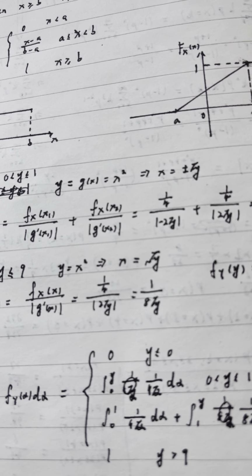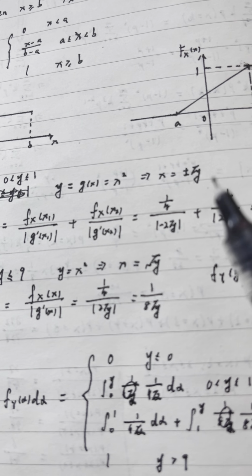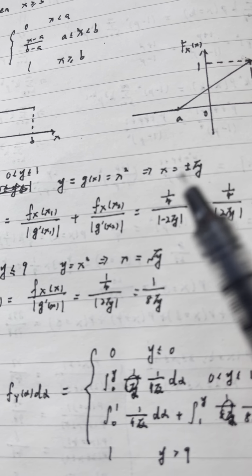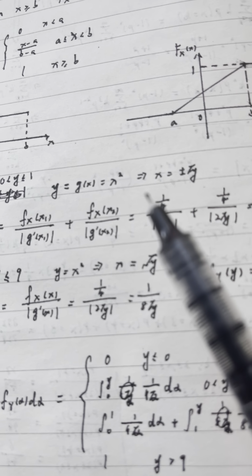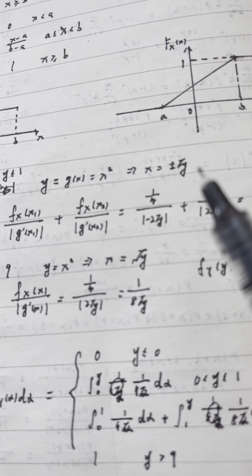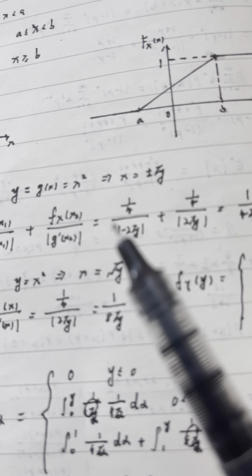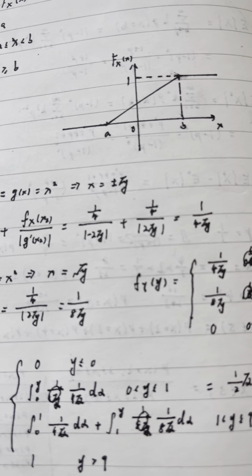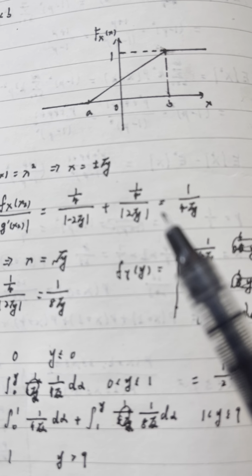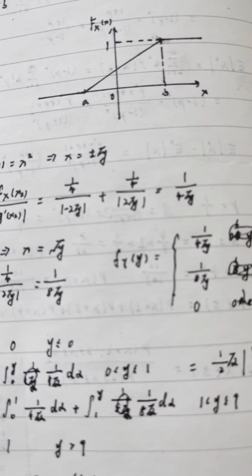We substitute x1 and x2 into it. We can suppose x1 equals minus square root of y and x2 equals square root of y. So we have this equation, and it finally equals 1 divided by 4 times square root of y.